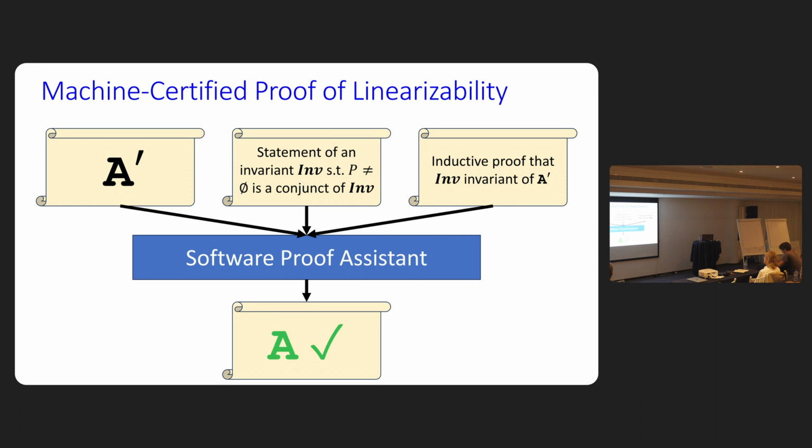So you take your instrumented algorithm, you feed that, and you feed the inductive invariant. Who is coming up with the inductive invariant? You, potentially the designer of the algorithm, with a lot of effort.